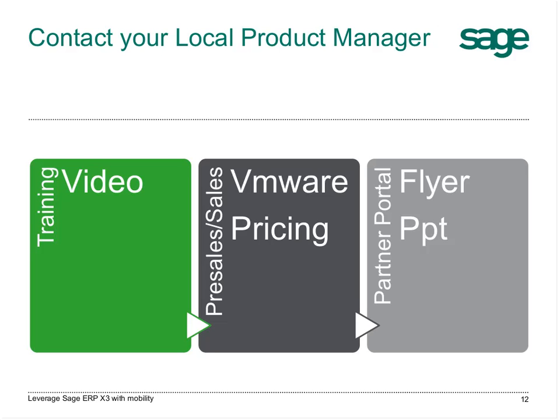These collaterals will be available on our partner portal, so don't hesitate to get access to the partner portal. I would like to repeat that you should contact your Sage local product manager or sales manager in order to get more detail on the availability of this feature in your country.